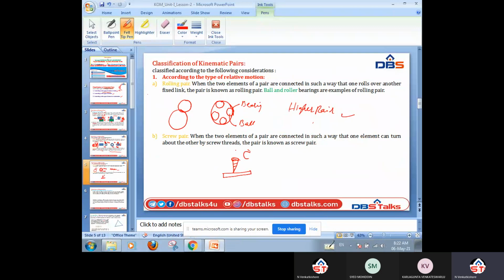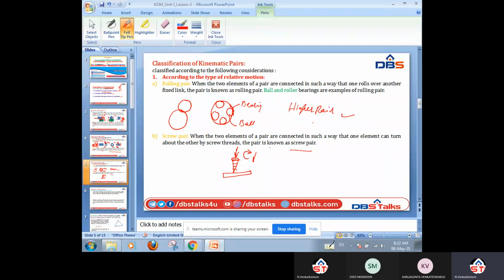By rotation, and in the direction we are applying the load. So when we are fitting the screw into a table, we are rotating the screw and at the same time applying load over the screw. That we will call a screw pair.